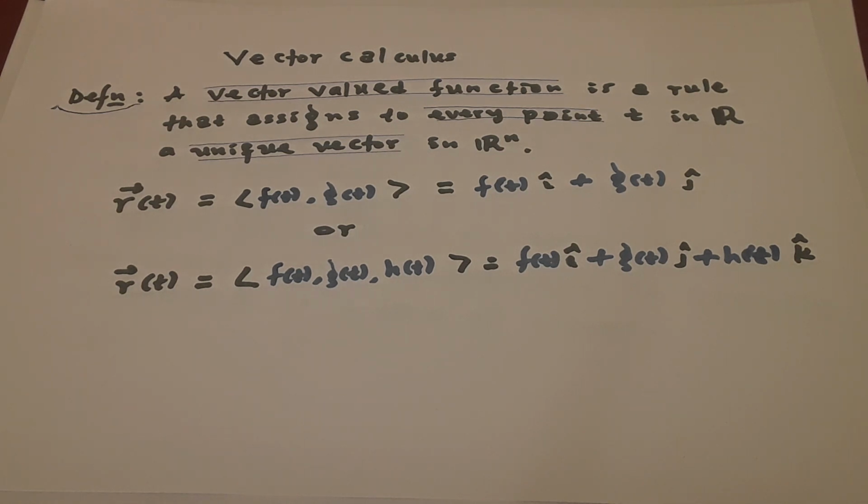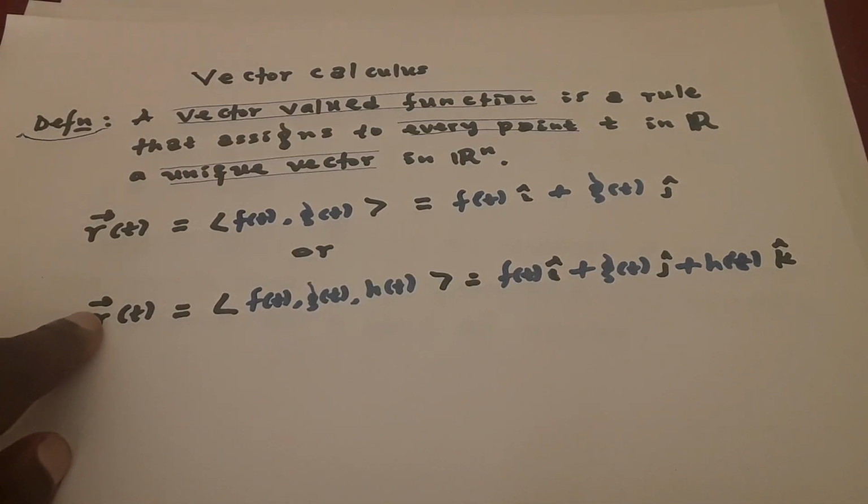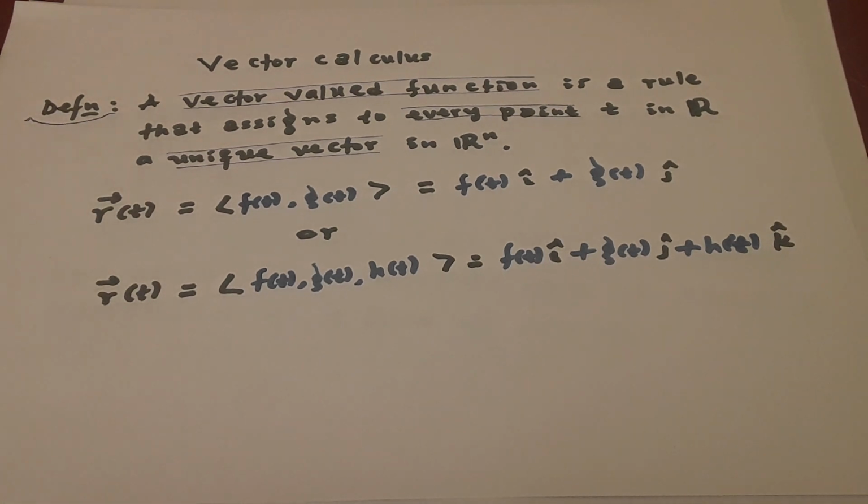The range of the vector valued function r of t is a curve in R2 or in R3. Here, conveniently, we note it as r of t with a headed arrow to distinguish it from scalar valued functions.